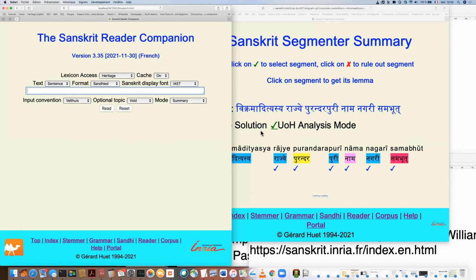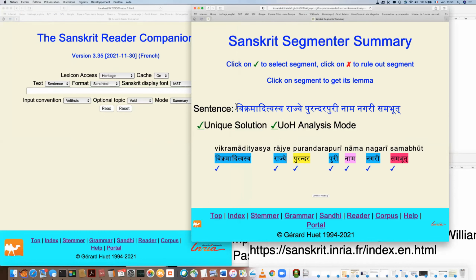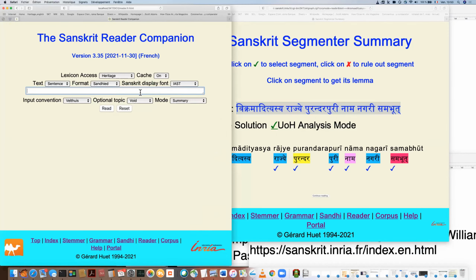So here we go on this sentence. I click it, I copy it, I paste it here. Now the input convention is Devanagari. Yes, I will see it in romanization, and I will have access to Heritage.